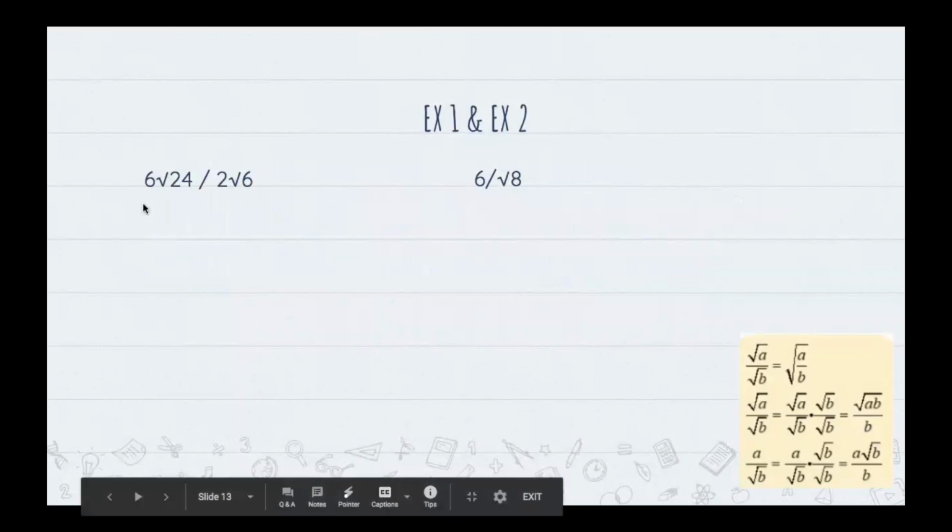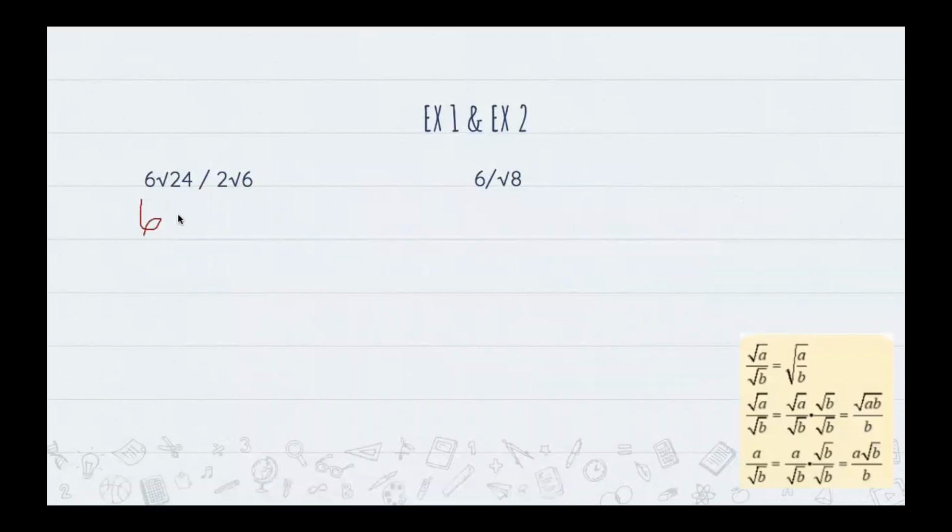So this is going to be 6 radical 24 over 2 radical 6. So you can simplify this further by doing 6 and 4, because 6 times 4 is 24. So the square root of 4 would be 2.